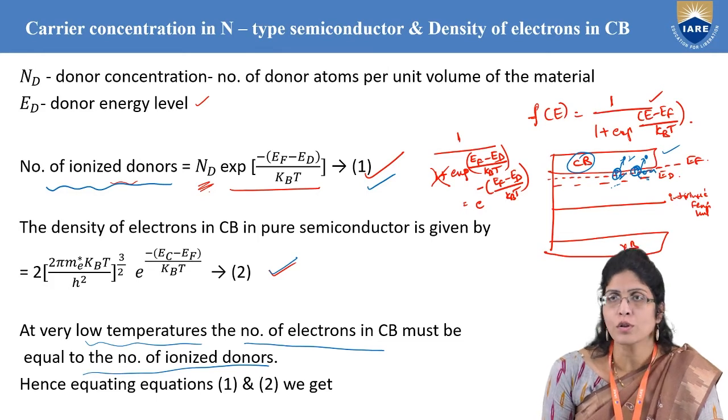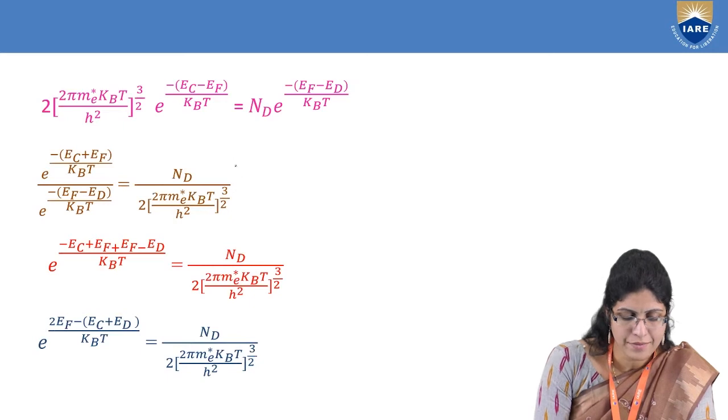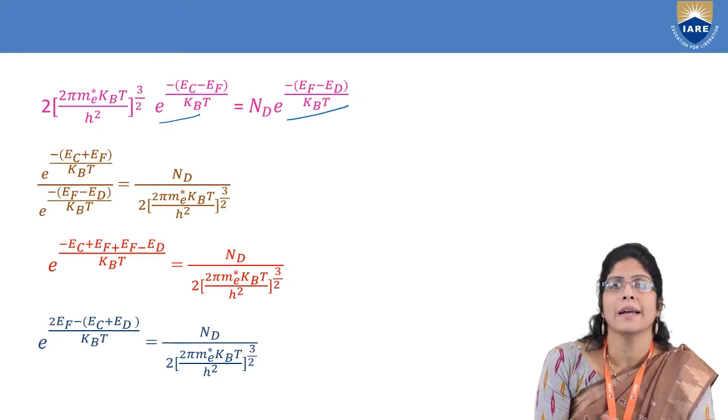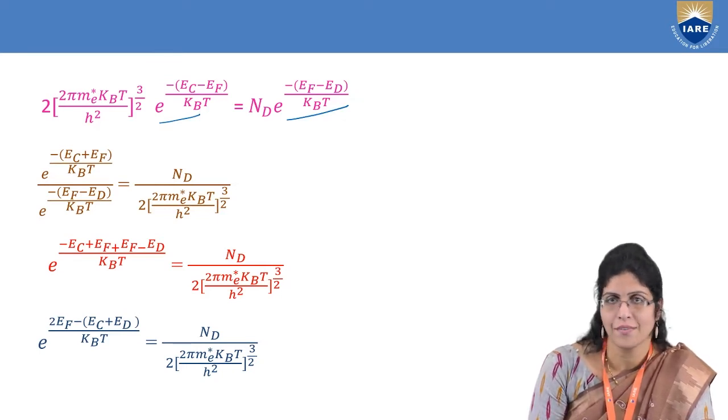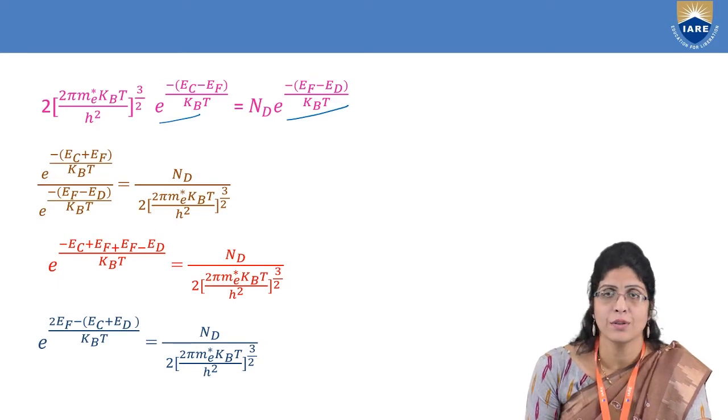So now taking both of them and equating them, you have e to the power of something and e to the power of something. Bring both of them to one side and try to arrive at EF, just like we have done in our previous video lectures.